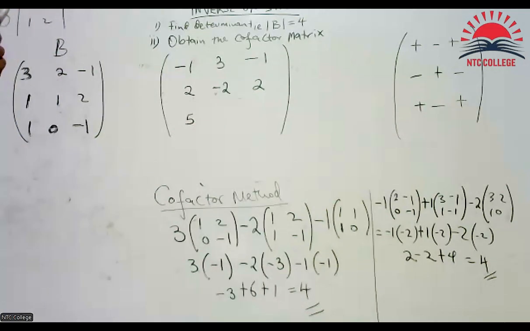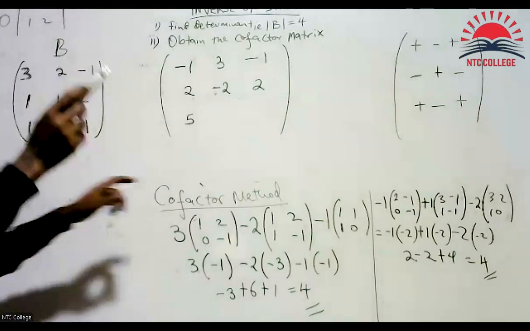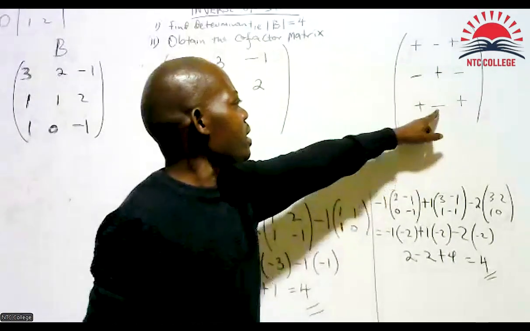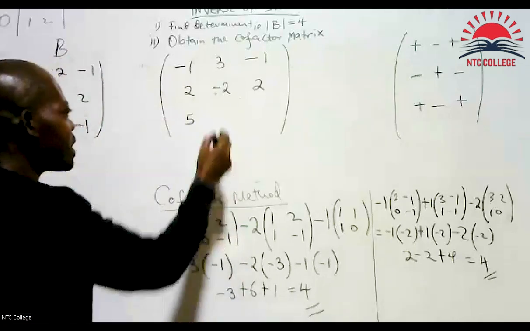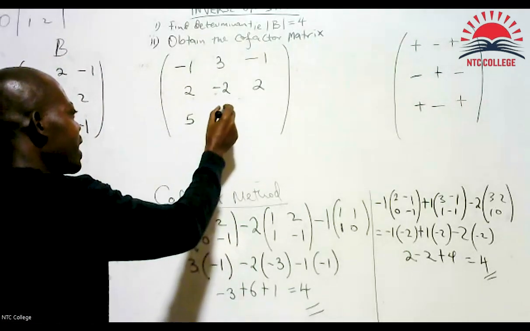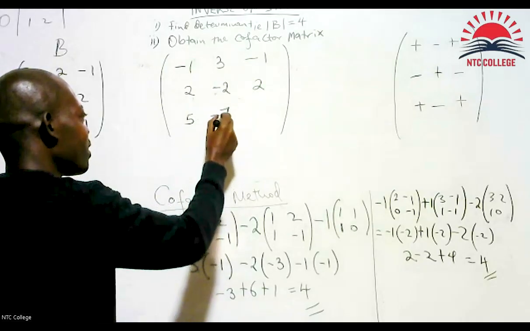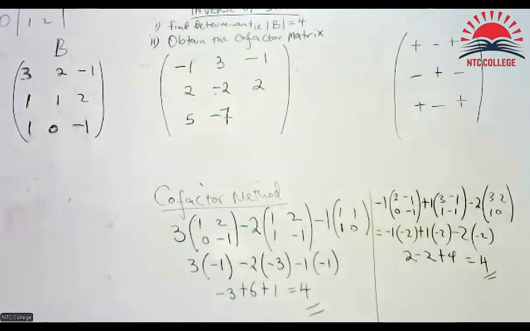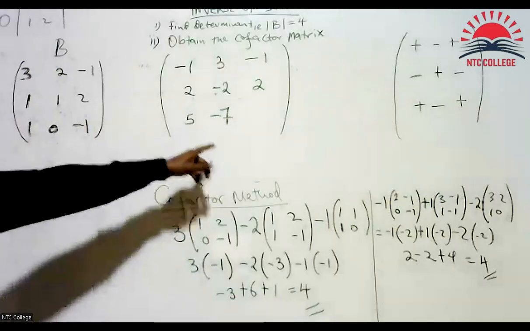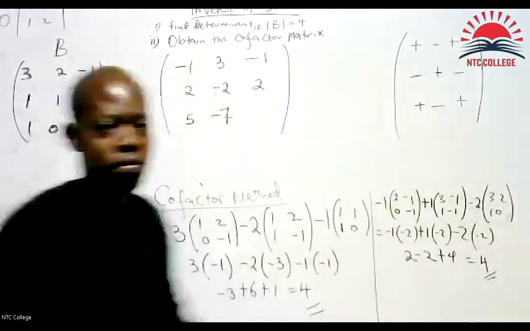It is +7 as the result, but the sign states negative, and a negative will change the positive. So the cofactor element is -7, not positive, but -7, because the sign here is negative.